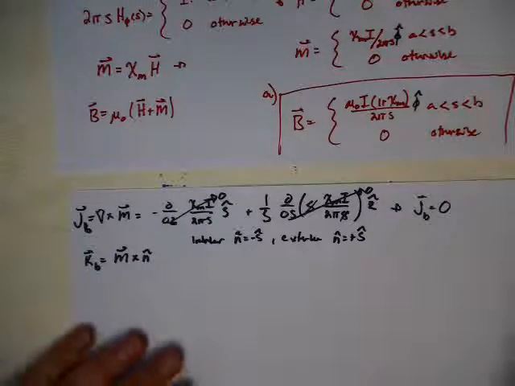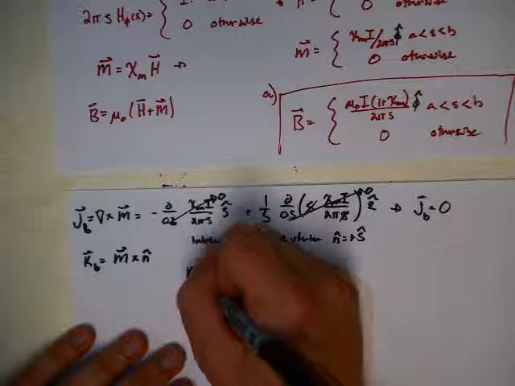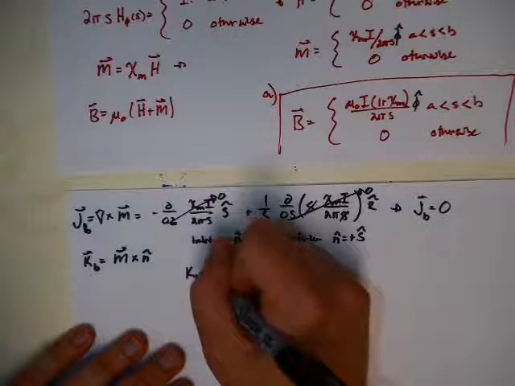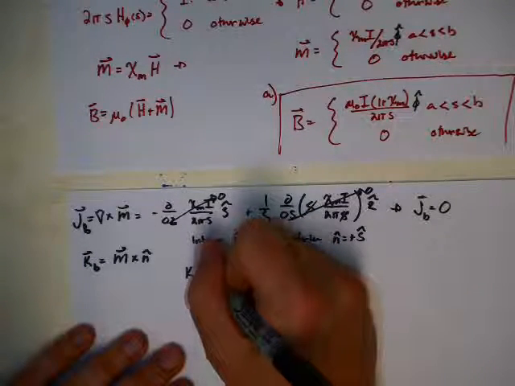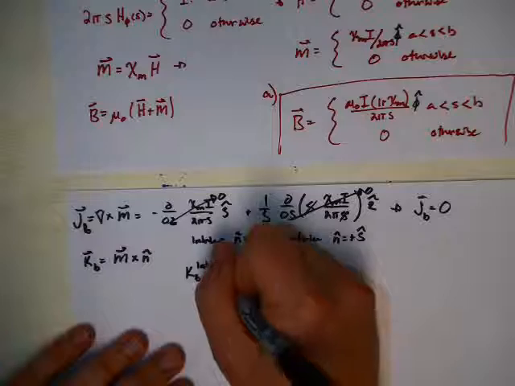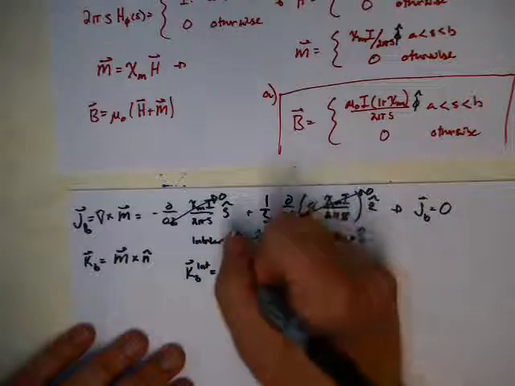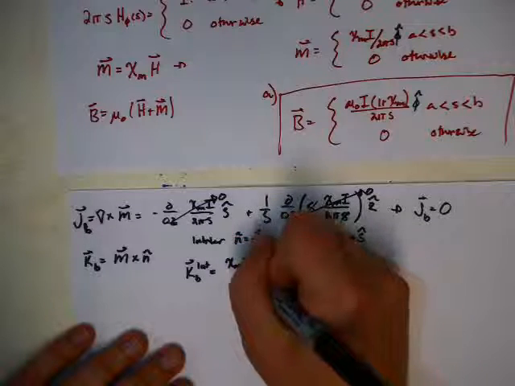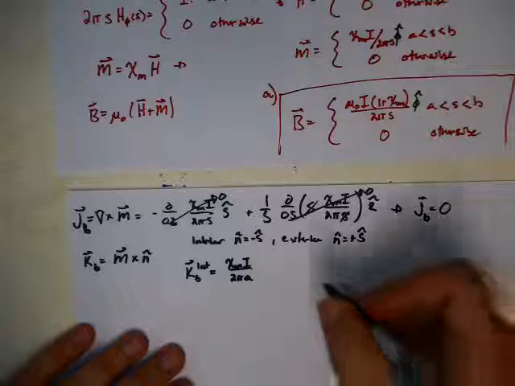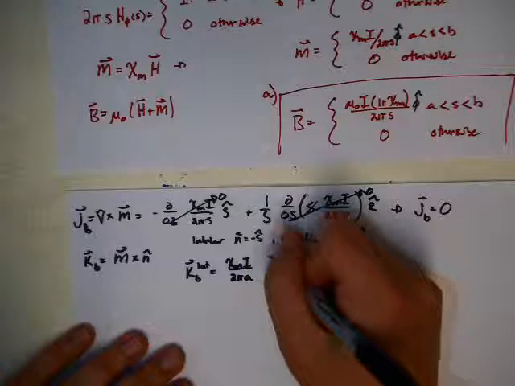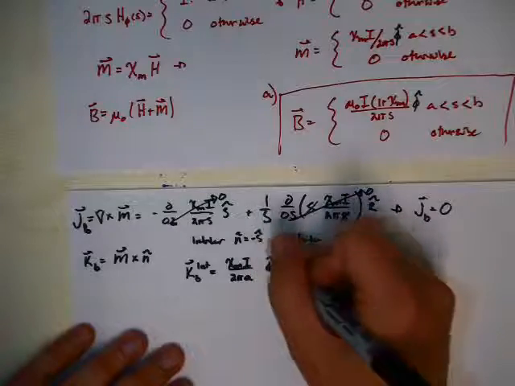So simply plugging that in, I'm going to get that K_B, evaluated at radius a, on the interior, is chi_m I over 2 pi a, and then I have phi hat cross minus s hat.